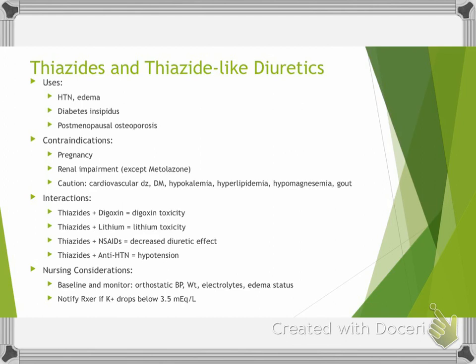You want to use caution with cardiac disease, diabetes, hypokalemia, hyperlipidemia, hypomagnesemia, and gout. Thiazides will just make all of these worse. Interactions are same as your loop diuretics.